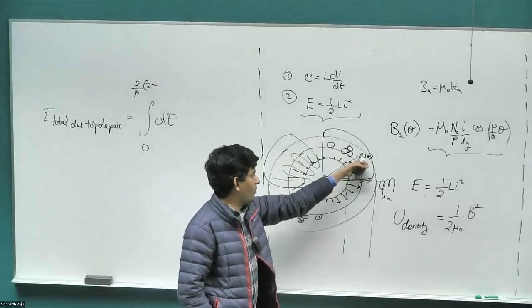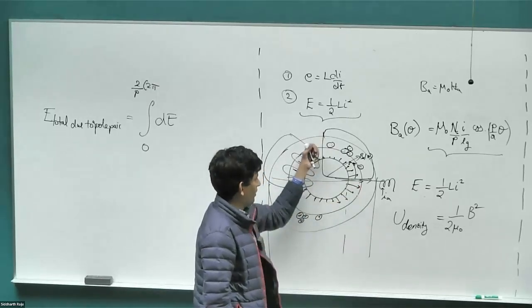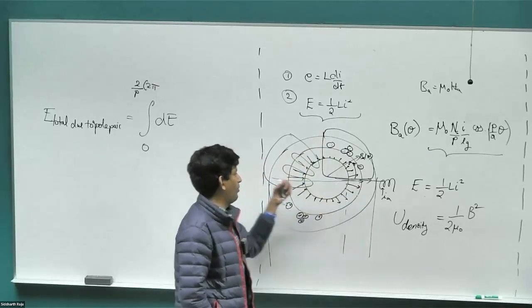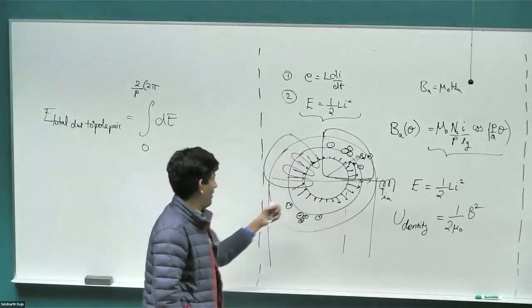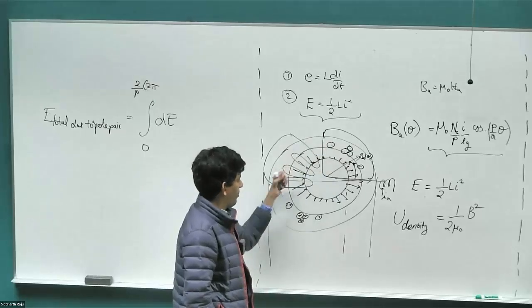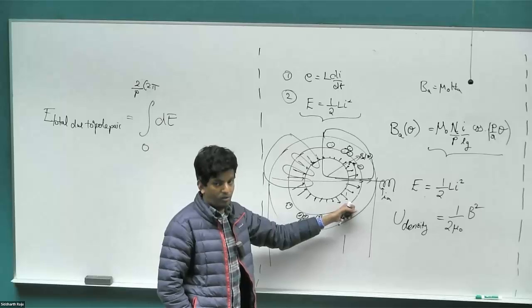Because there would have been a bunch of positive conductors on the top, negative conductors on the bottom. The combined coil created the magnetic field, which created some energy. The total energy would be integrating over the full air gap. If I had a four-pole motor, just the half section is what I need to integrate because the other half of the energy is contributed by the other two coil combinations.